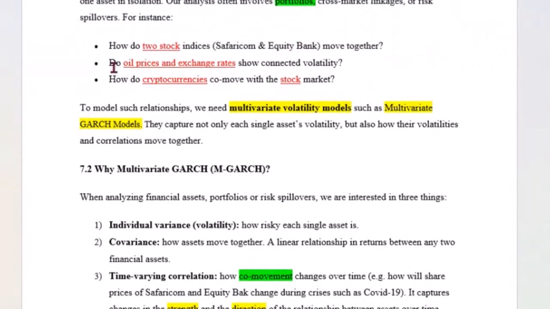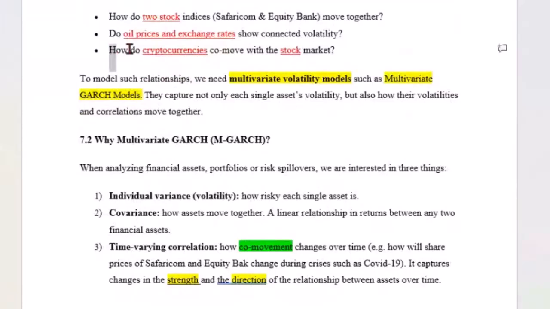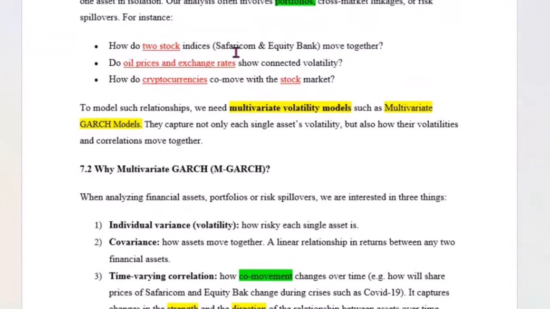Or oil prices and exchange rate: how are they connected? How is the volatility connected? Or how do cryptocurrencies move? How do they correlate with the stock market? Maybe we can take one crypto and one stock market asset, and then compare the two. So you can see in real financial analysis, we look at a portfolio of assets.